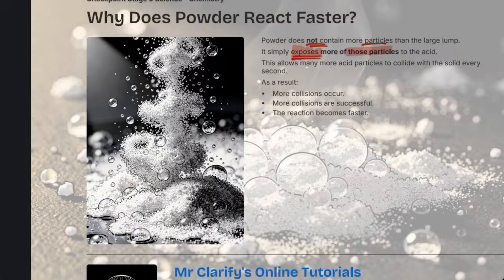So don't say it increases the number of particles. I will run away from you. If you say that when you grind it into a smaller thing it increases the number of particles, I'll run away from you. If you say to us that increasing the surface area will increase the number of particles, I'll run away from you. Increasing the surface area is just increasing the number of exposed particles.